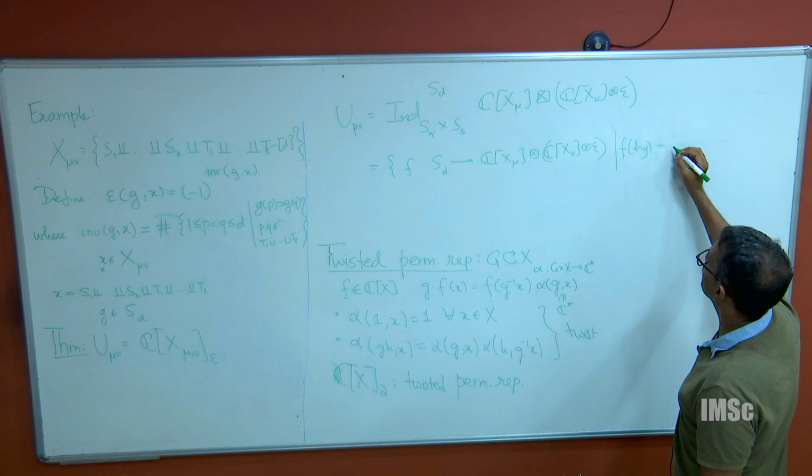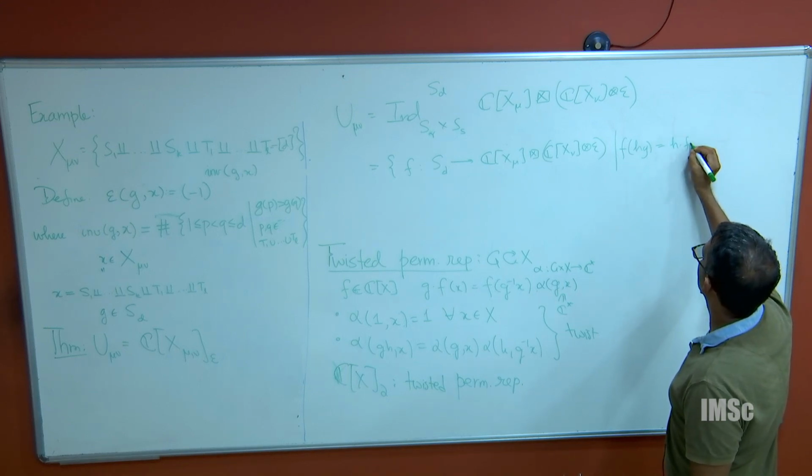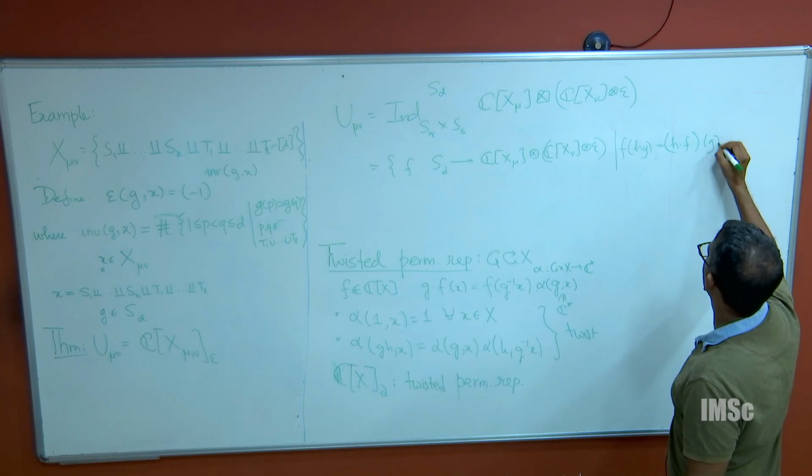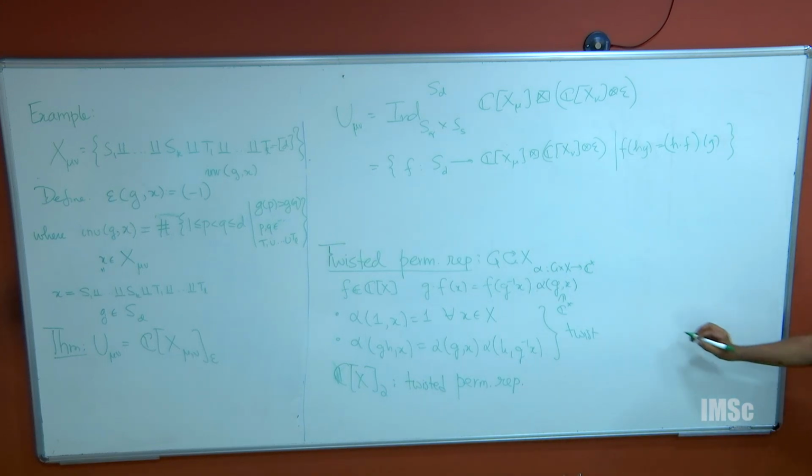So in general, if you have Ind from H to G of V, this is going to be f from G to V such that f of Hg is equal to h times f of g.